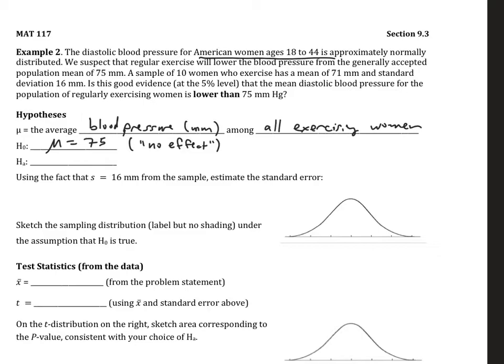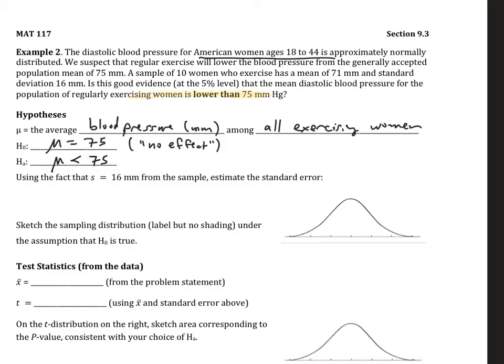In this case, the alternative hypothesis, this is actually a one-tailed test that's being described, and we can tell that because, and I've tried to even make it bold here, the explicit thing that we're interested in is the blood pressure among exercising women less? And so this would be a way of saying exactly what is highlighted above. So when we do want to have that alternative hypothesis be a less than or greater than sign, it'll explicitly say that in the problem somewhere.